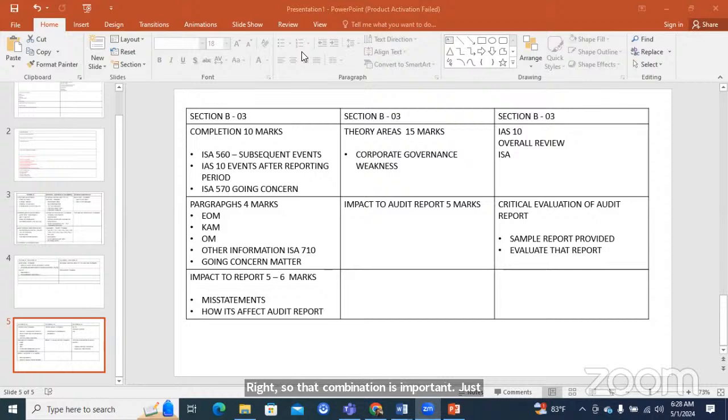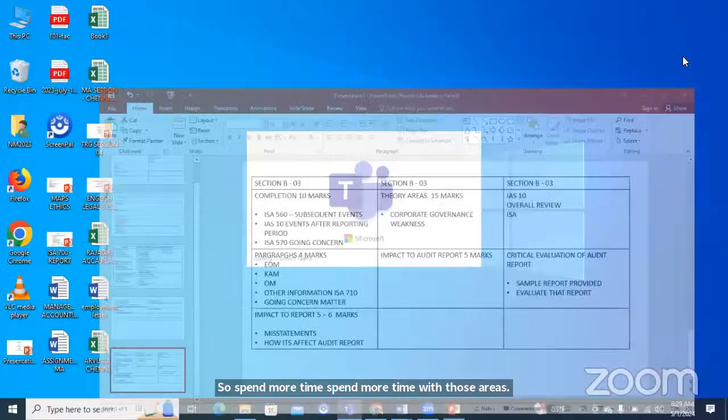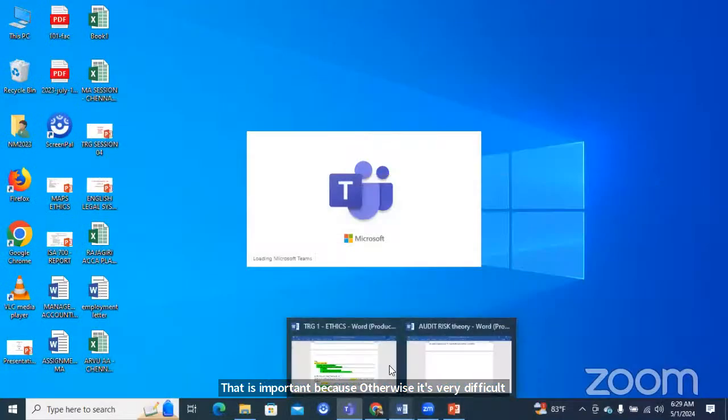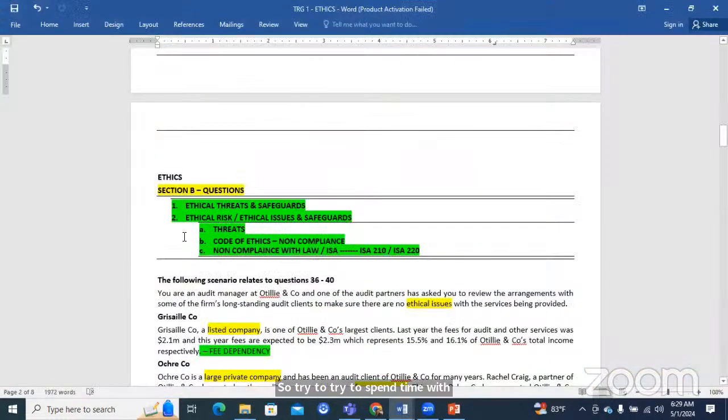Test of controls and substantive procedures should also be studied together, because most past paper questions combine them. So spend more time with those areas. That is important because otherwise it's very difficult to pass. So try to spend time with questions.